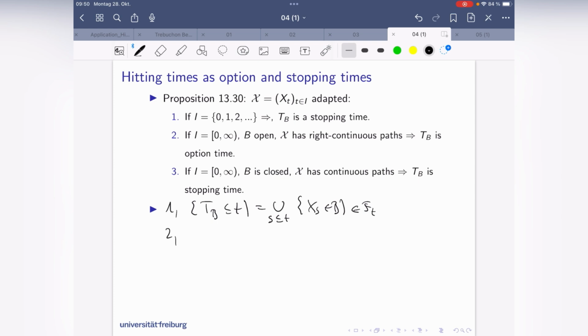So that was easy. For the second, B is an open set, and I want to show that Tb is an option time, so I have to check Tb less than t. So when am I in an open set and I have right continuous paths, I claim I must be in B for some time s less than t.